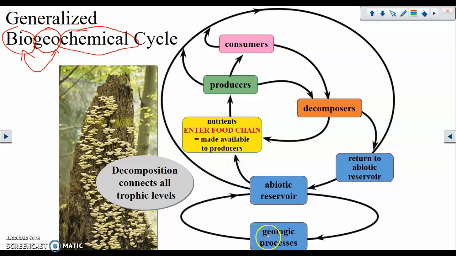The geologic processes are mechanical, physical, and chemical in nature. So this is a generalized biogeochemical cycle. Just make sure that you understand the transitions between the biological realm and the geological or abiotic realm.